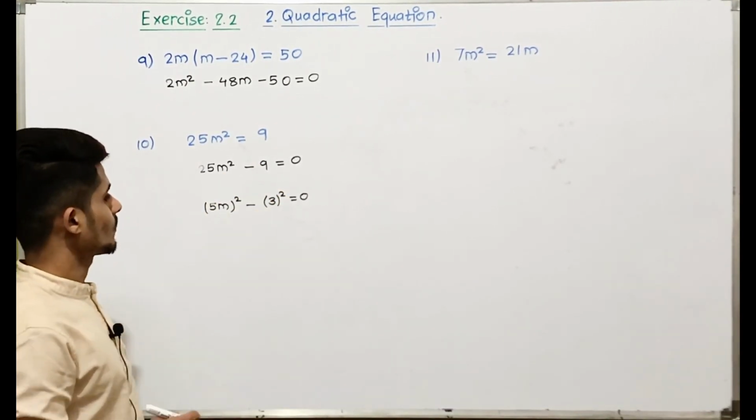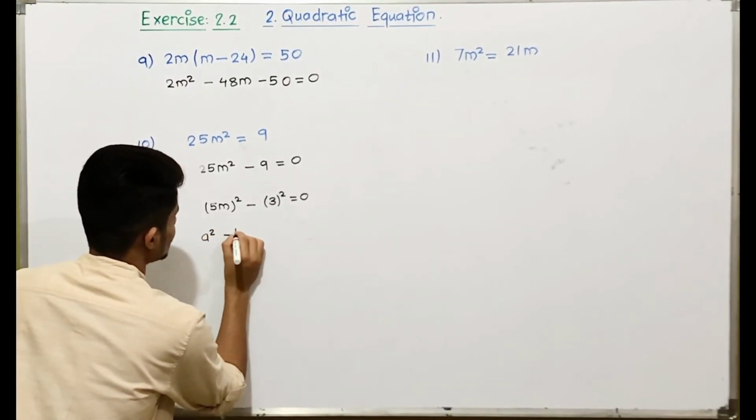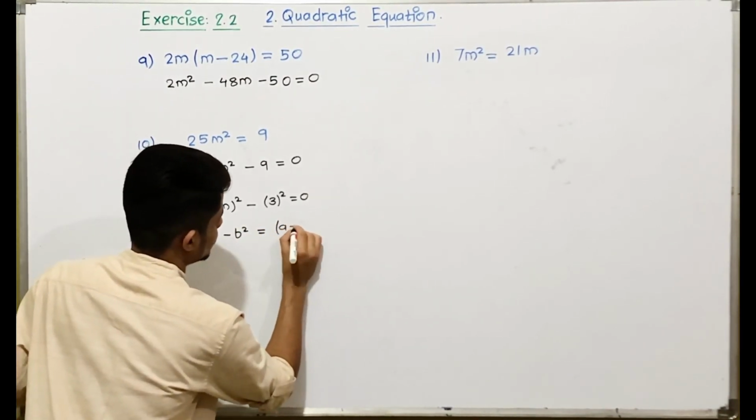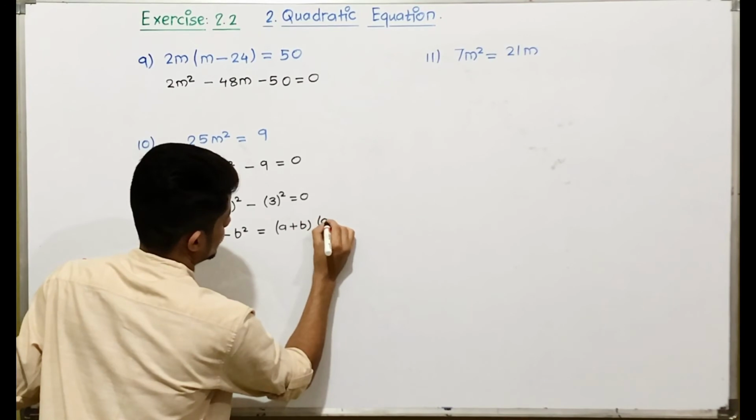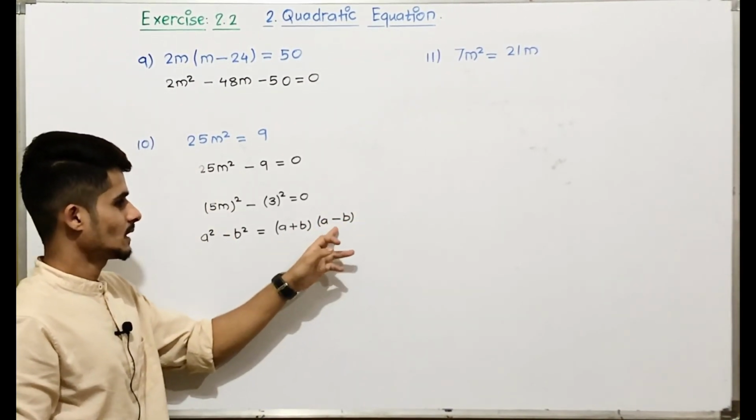Now for this we'll be using a formula, that is a square minus b square, which is equal to (a plus b)(a minus b). We have the formula, that is (a plus b)(a minus b).